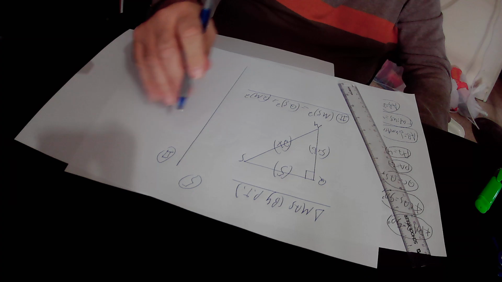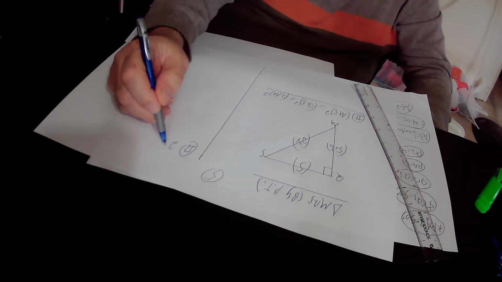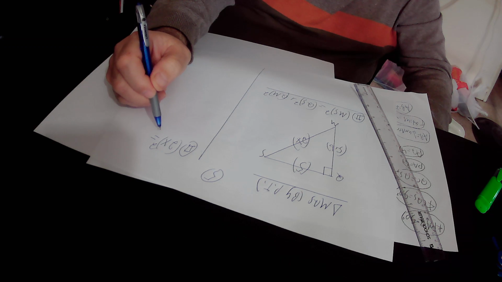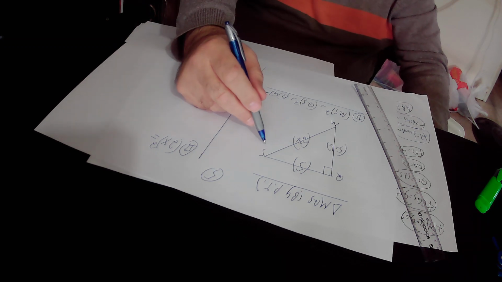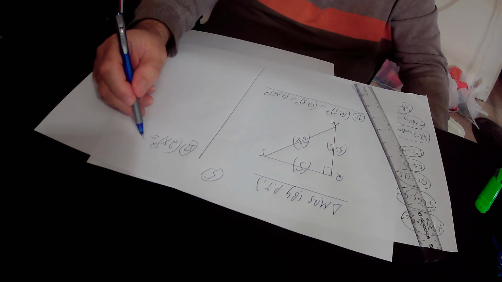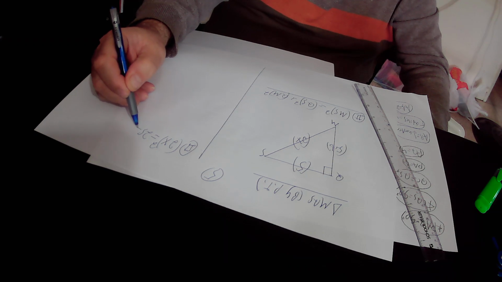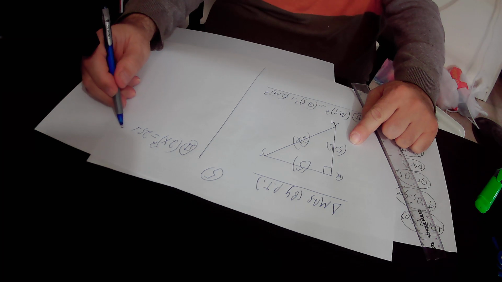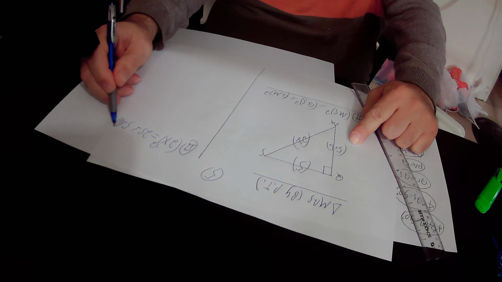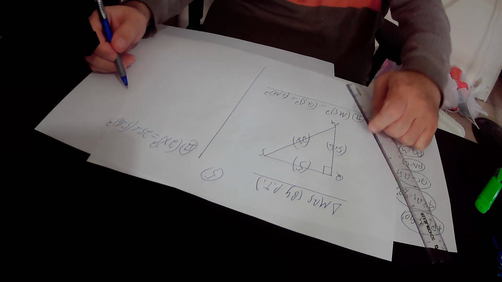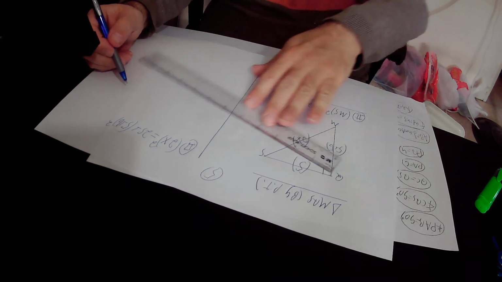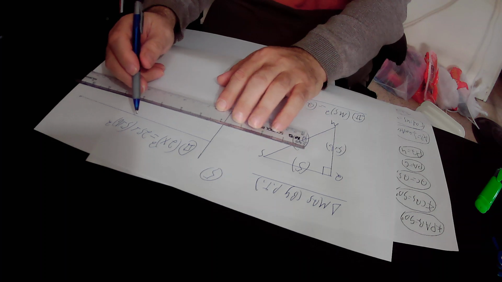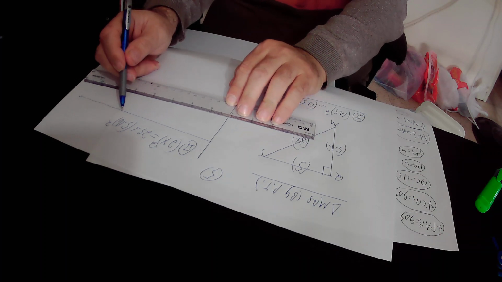MS is 2x, therefore MS squared is 2x squared, and it equals QS squared. QS is 5, therefore QS squared is 5 squared, that is 25, plus QM squared. QM is 5 plus B, therefore QM squared is 5 plus B squared. So according to equation number 2, 2x squared equals 25 plus 5 plus B squared.